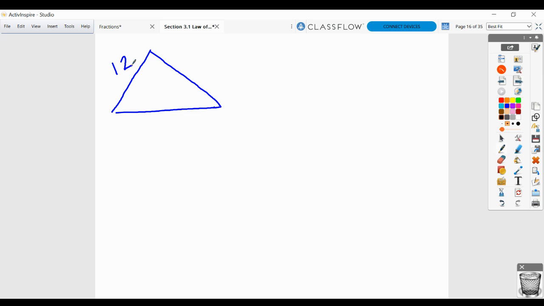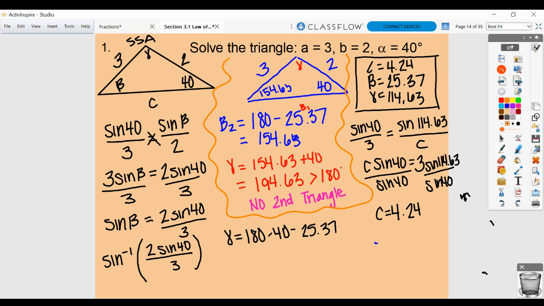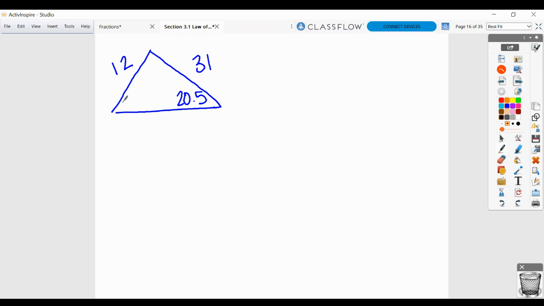I know this was 12, that was 31, that was 20.5. My new beta is 115.22. Okay, so I'm looking for gamma and C.